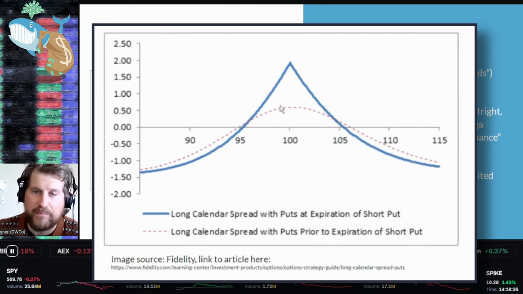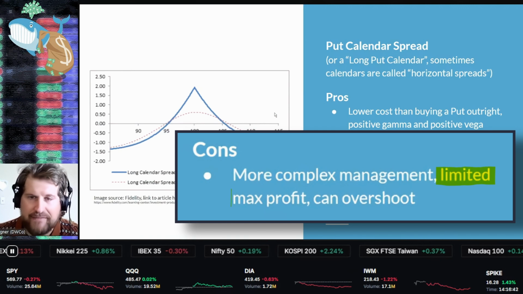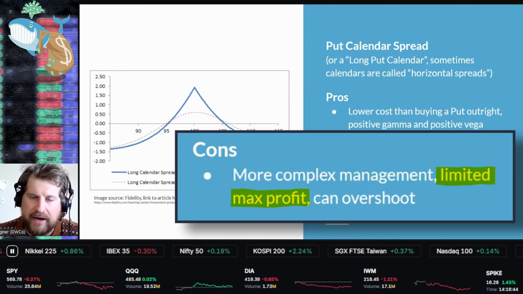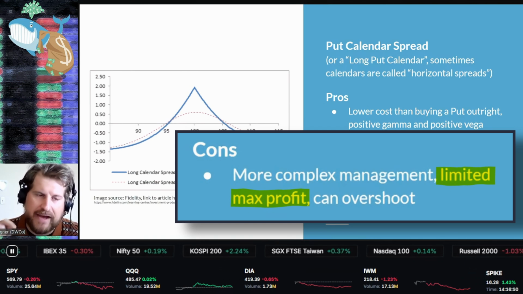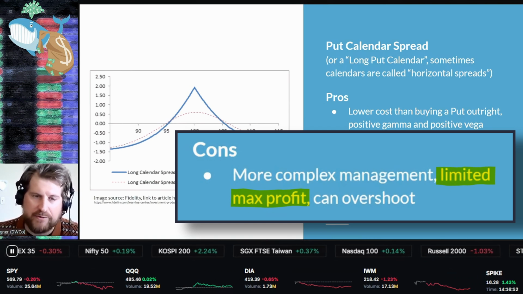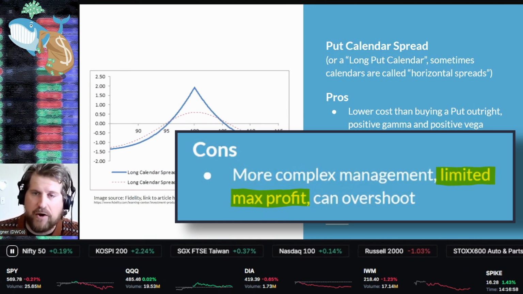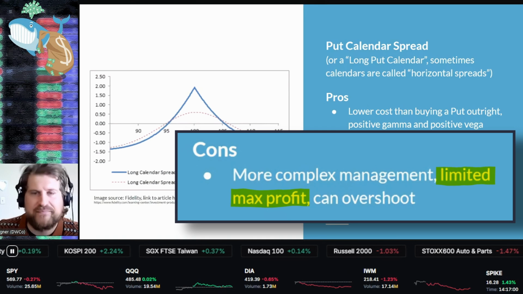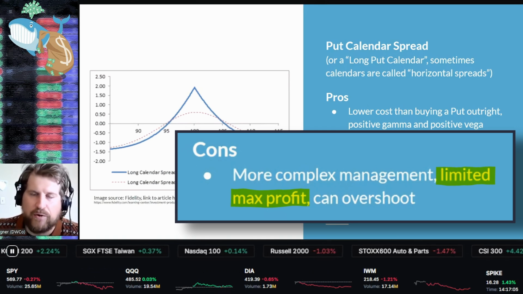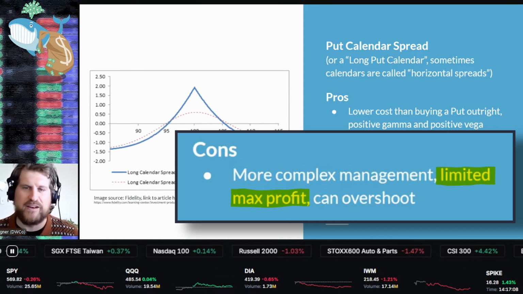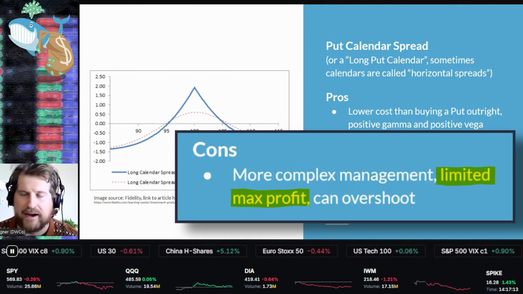There's a limited max profit associated with a calendar spread while both contracts are active. Obviously, if the front contract that you sold expires, then the back contract that you're long can have infinite PnL. But we're specifically referring to times when both contracts are active, and when both contracts are active, there is a max profit.